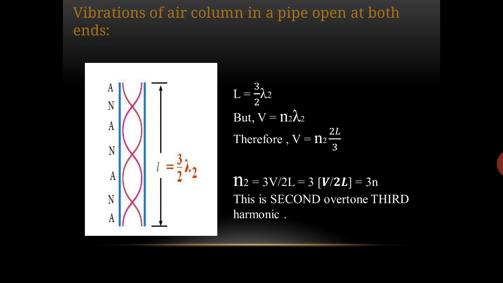In this we need to put the value of L. So lambda by 2, we get V is equal to N2 2L by 3, and N2 is equal to 3V by twice L. If we take out 3 as the other term and V by 2L as the common term, we will get this is the second overtone and third harmonic.